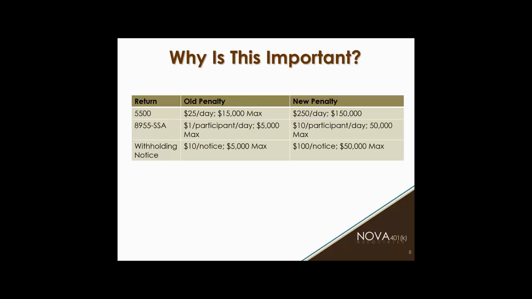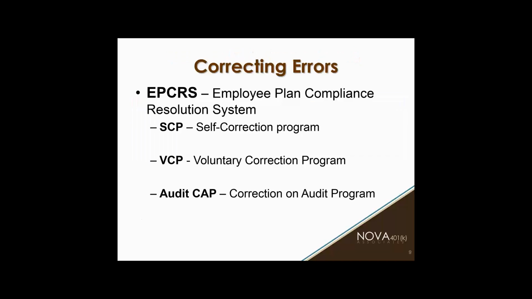So, for example, the 5500 forms, the Schedule SSAs, a few of these required forms that have to be filed have penalties associated with them when they're late. And not only that, the two agencies just increased their penalties like tenfold. If you look at the new penalties compared to the old ones, they're substantially higher. So again, we just want to keep you out of trouble and have the plan operate smoothly.